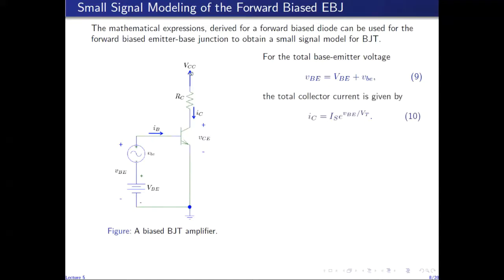And the total collector current in the output branch is given, again, by the exponential dependence on VBE.